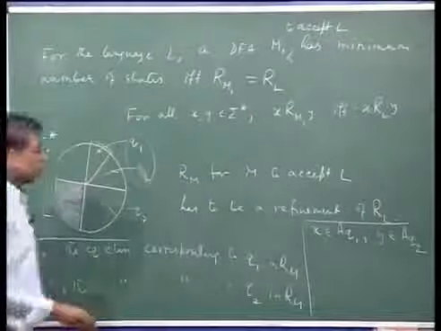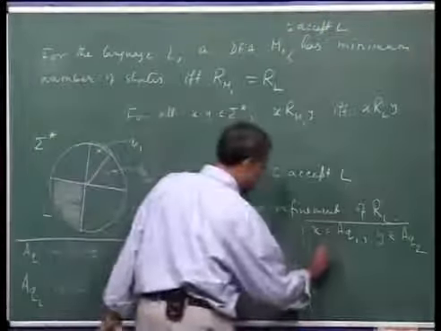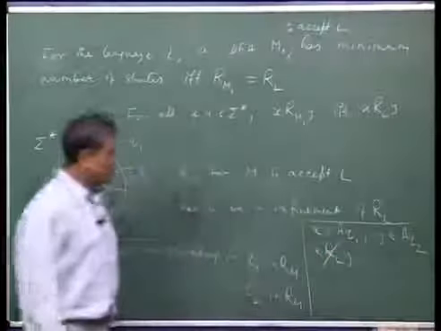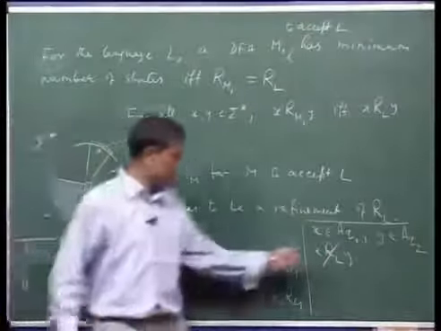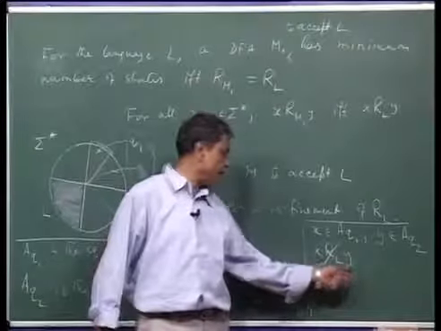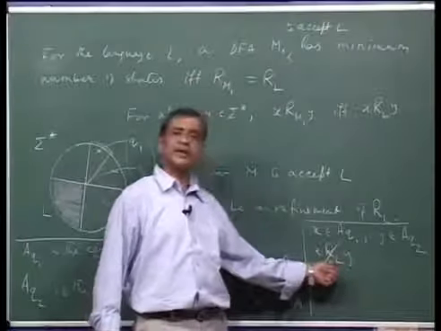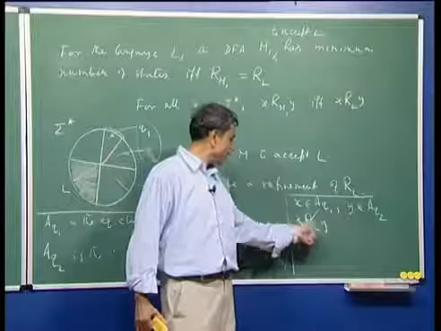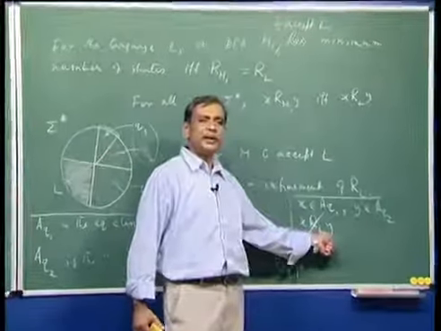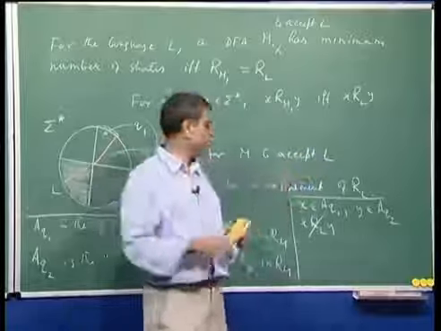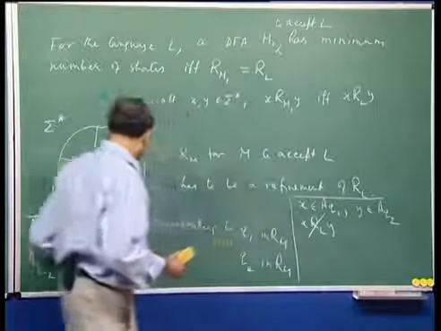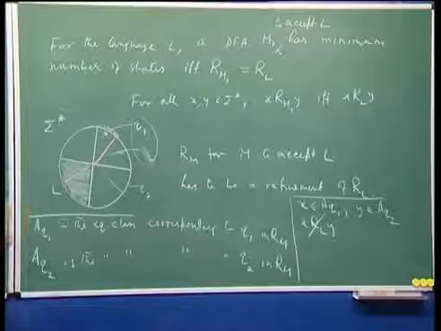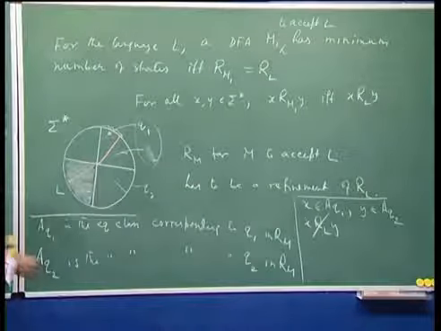Now, suppose that x is not related to y by the equivalence relation RL. That means the equivalence classes in which x and y lie fall in different equivalence classes of RL, and that is how to answer this question.